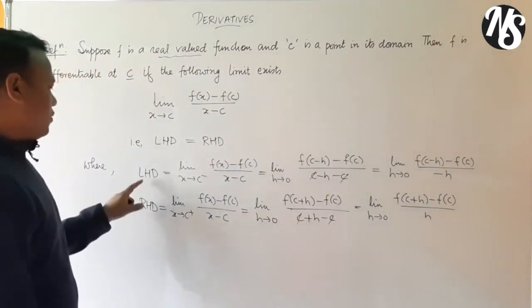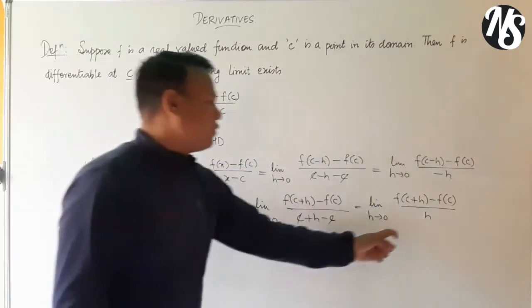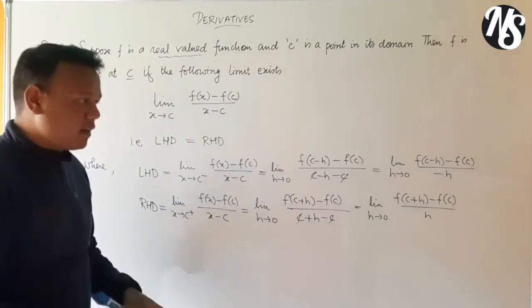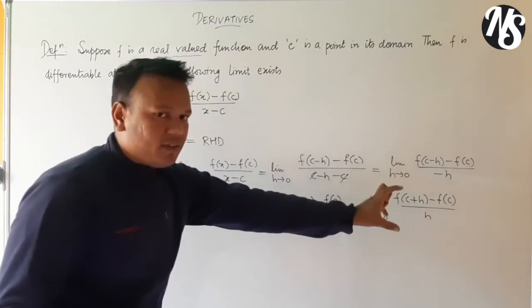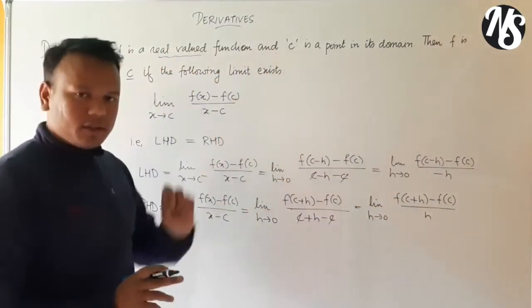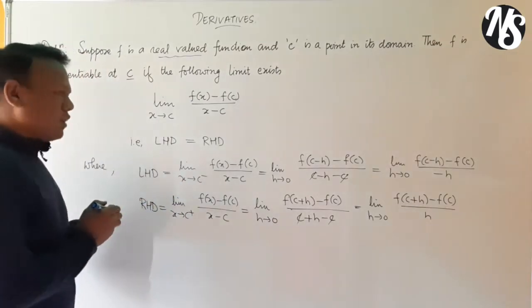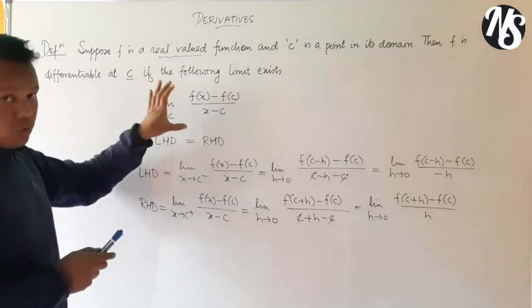All right, so the left hand derivative will be this much, the right hand derivative will be this much. All right, so if these two are equal, then we say that the function f is differentiable at point c. Now I have to give some notation as well, isn't it? Okay, I have to give some notation for this.